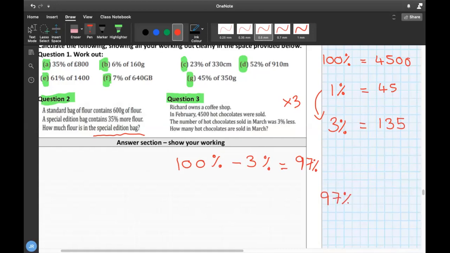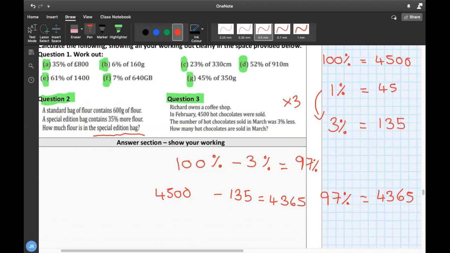And to find 97%, we took the original amount, 100%, 4,500, and we subtracted 3%, 135. And that will give us 4,365. Again, you can use a written method if you're not confident there. So that was 4, 3, 6, 5 there.